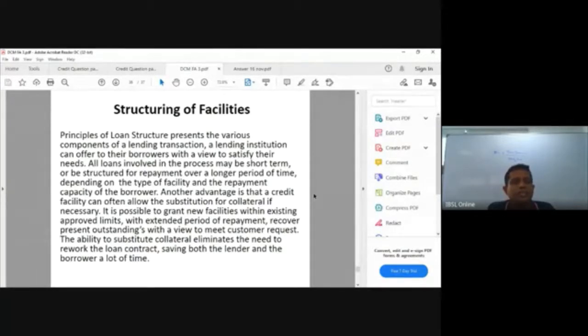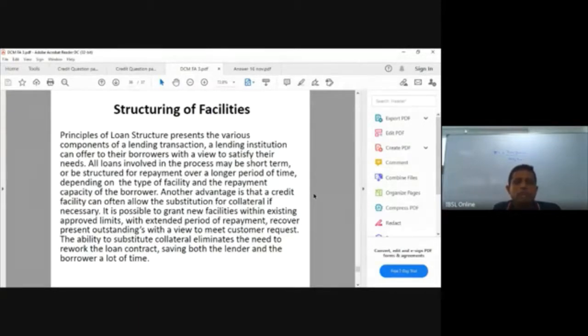A lending institution can offer these to their borrowers with a view to satisfying their needs. All loans involved in the process may be short-term or structured for repayment over a longer period of time, depending on the type of facility and the repayment capacity of the borrower. Another advantage is that a credit facility can often allow the substitution of a collateral if necessary.